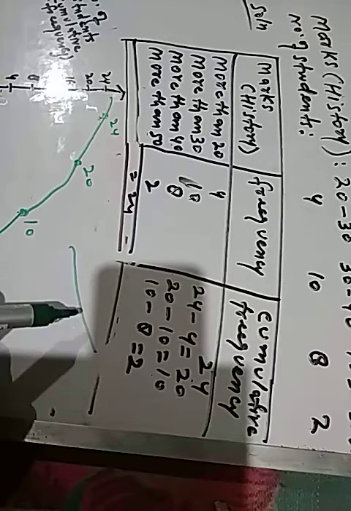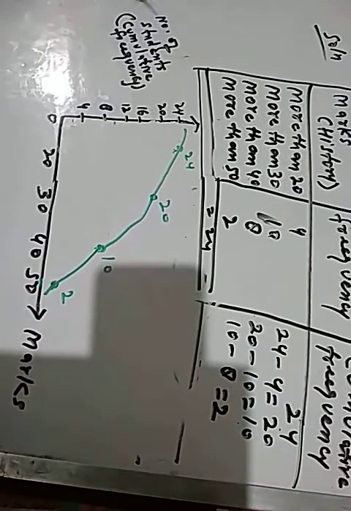As in case of less than method, there we add the simple frequencies, and in that method we get a cumulative frequency curve which is upward sloping.